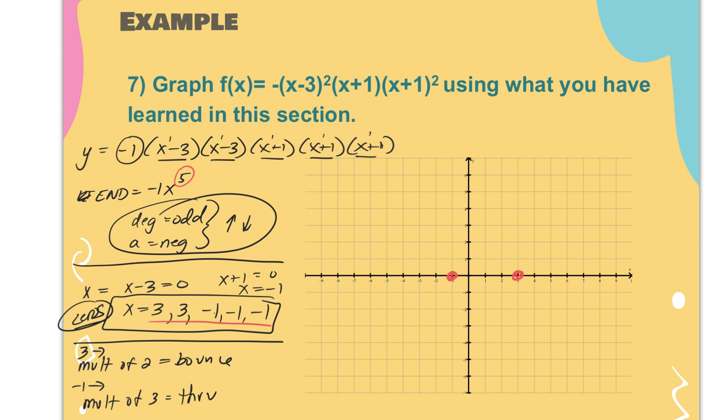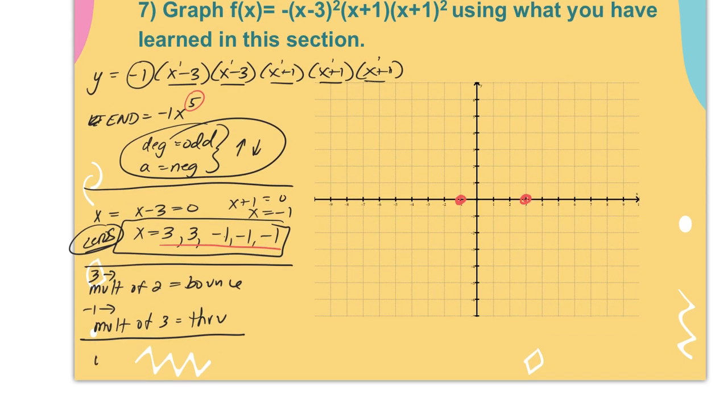And last but not least, I'm going to try to find my y-intercept so I can have a better idea of what my graph should look like. Whenever I'm looking for the y-intercept, in any problem, I have to set all my x's equal to 0. I can do it here with the one that I drew out, or I can do it off of the original.